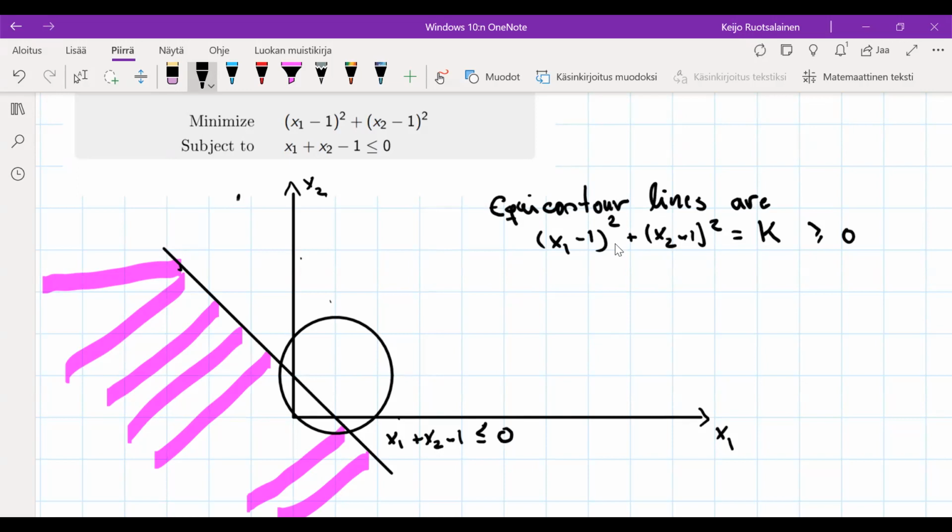And of course, if this number is big enough, for the optimal value we choose the smallest K in such a way that this circle touches the constraint set. So the circle must be tangent to the line x1 plus x2 minus 1.